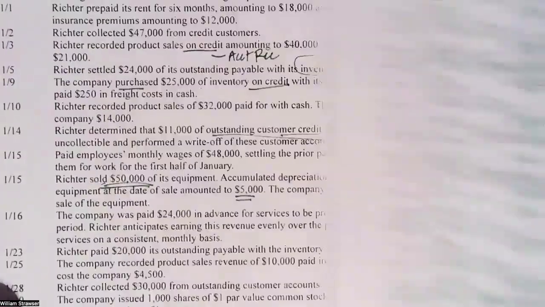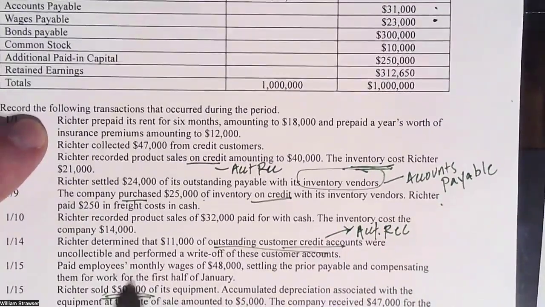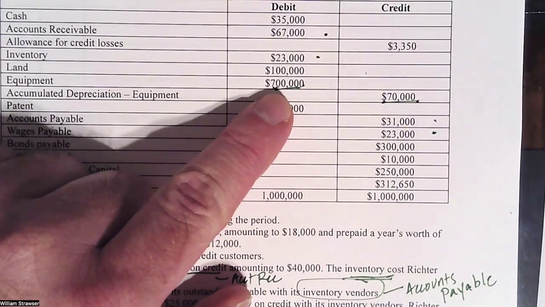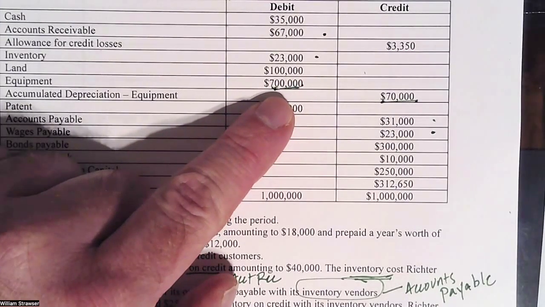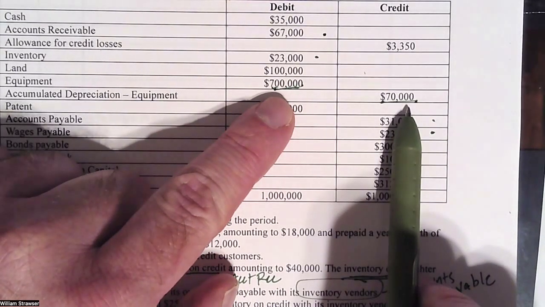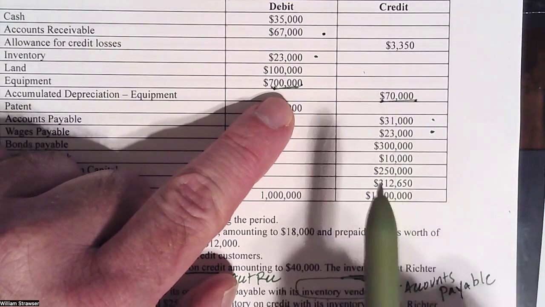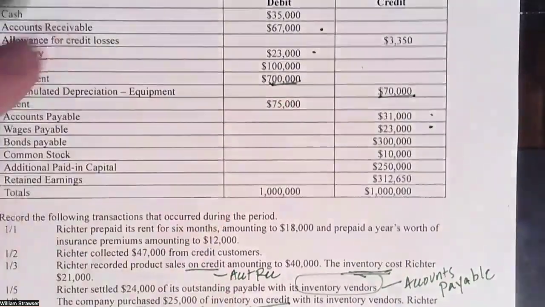Now, as I mentioned, we have to get rid of the equipment. Well, how are we going to get rid of the equipment, right? Well, the equipment is at 700 and we just sold 50,000 of it. It's a debit balanced account, it's an asset account. So to get rid of it, we would need to credit it. To get rid of the accumulated depreciation, right? This is a credit balanced account. We would need to debit the accumulated depreciation in order to reduce it down by 5,000.